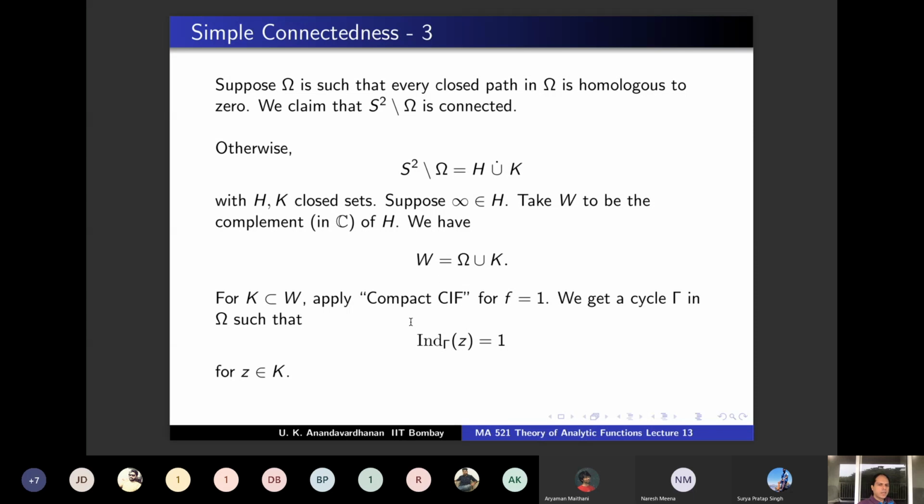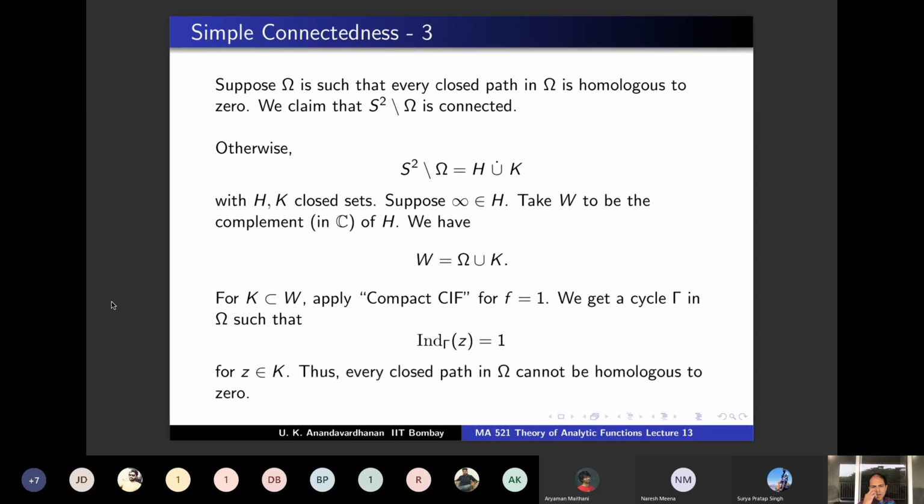Proof of compact CIF constructs a cycle such that index of z with respect to gamma is 1 on K and this index is 0 outside omega. That's what it does. Index of z with respect to gamma is 1 on K and it is 0 for z outside omega.